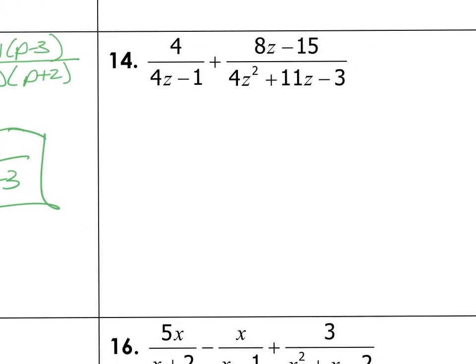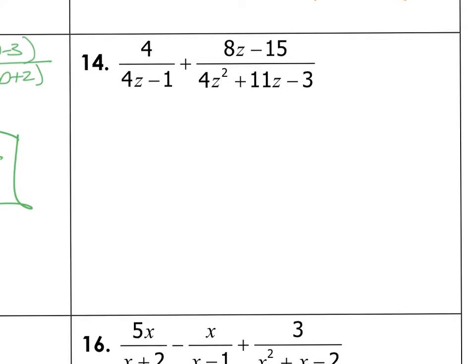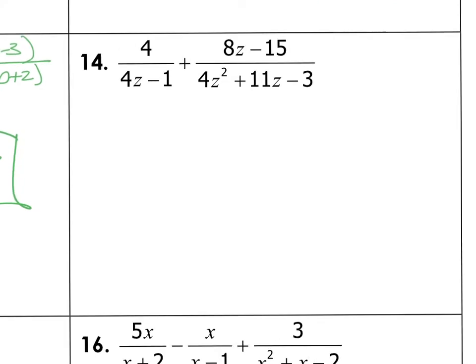3 more problems and we're all done with this. Getting a little harder to factor here. I'm pretty sure that this is going to be a 4z minus 1. So 4z times what gives me 4z squared? z. And -1 times what gives me -3?